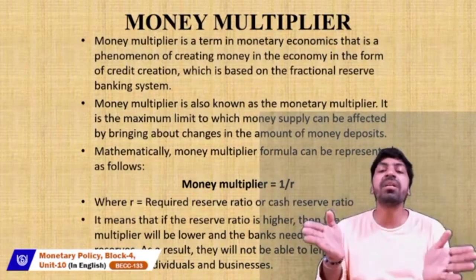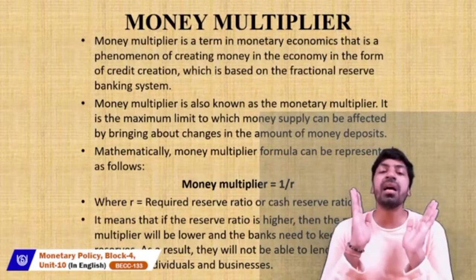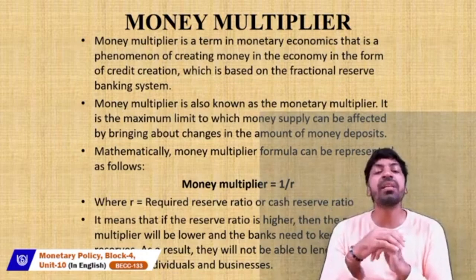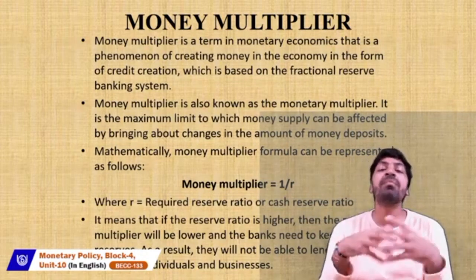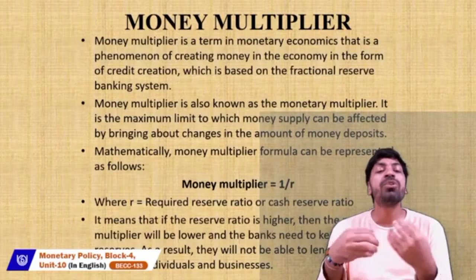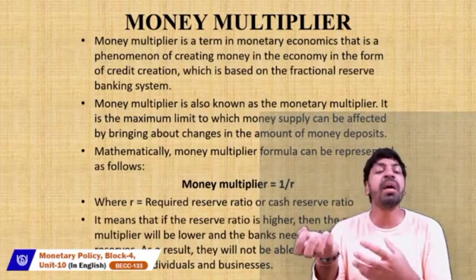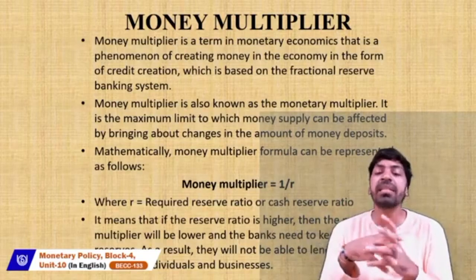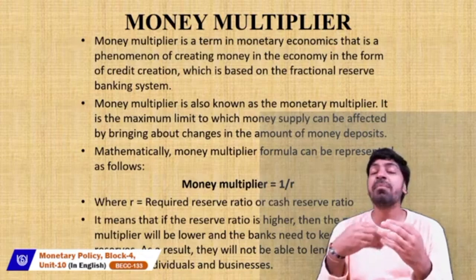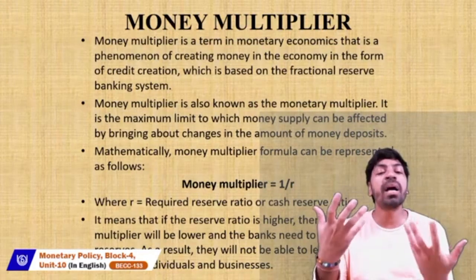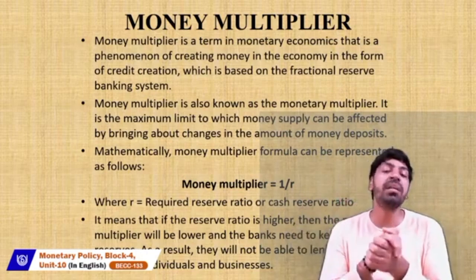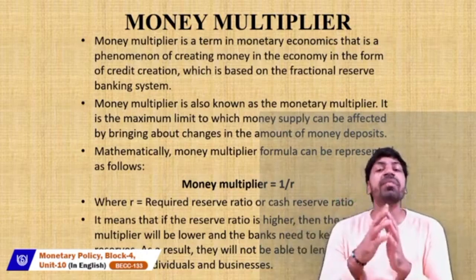But there is an inverse relationship between the cash reserve ratio and the money multiplier. That means the bank has to keep more and more reserve, so it would not be able to lend more and more money to individuals and businesses.